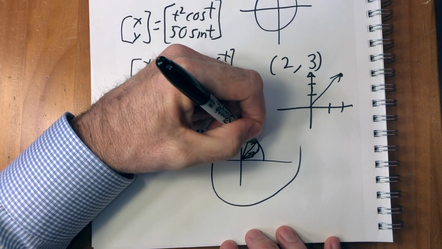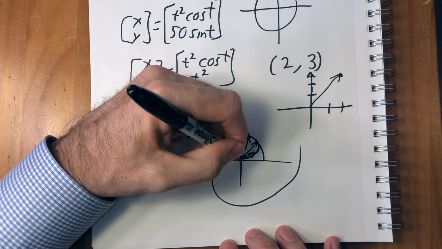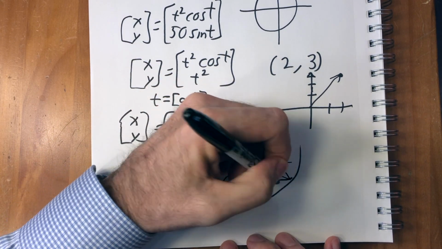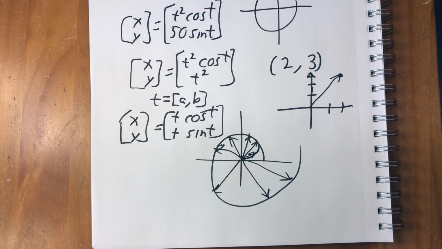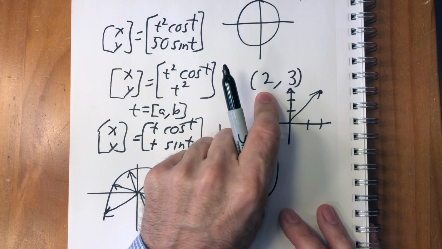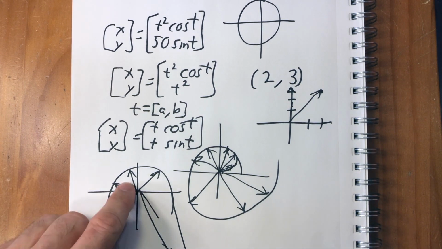So it's here, here, here, and it's getting longer and it's rotating as time goes by. That's a completely different way of thinking about what these are. When you think of a vector as a pair of numbers like this, then the picture of a vector is from the origin out to the point.